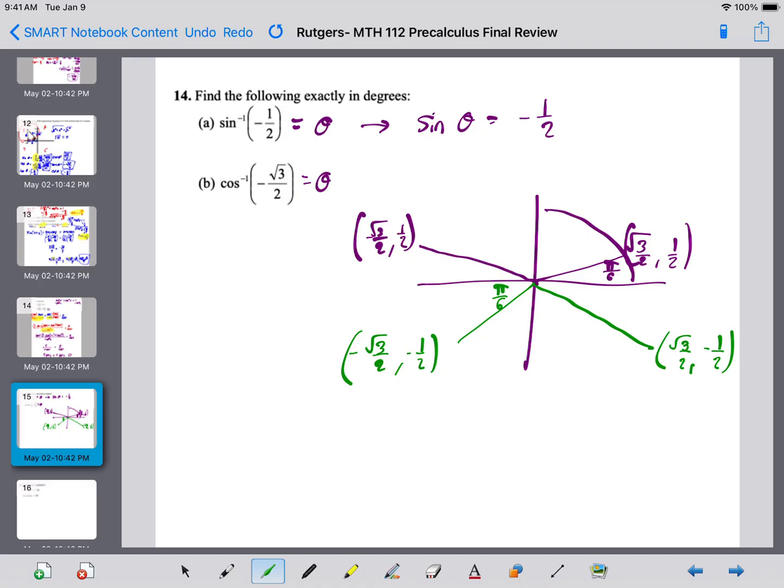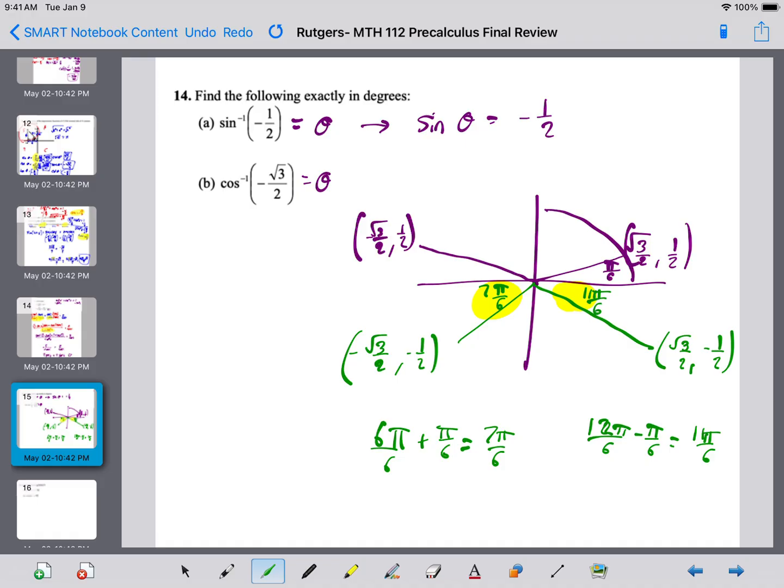So we are going to consider where this reference angle is pi over 6 and where this reference angle is pi over 6. So that's pi plus pi over 6, which is 6 pi over 6 plus pi over 6, which is 7 pi over 6. This would be 2 pi minus pi over 6, which is 12 pi over 6 minus pi over 6, which is 11 pi over 6. So this is 7 pi over 6, and this is 11 pi over 6.